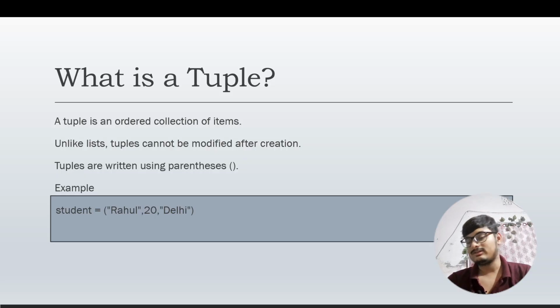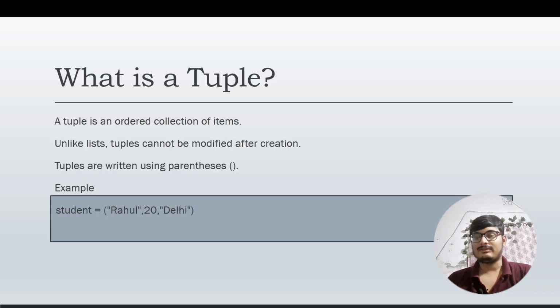As we discussed in the previous lecture, we could modify lists and update the elements in a list, but in the case of a tuple, we cannot do that. There's one more difference: in a list we use square brackets, but in the case of a tuple we use parentheses. So this is the main difference.